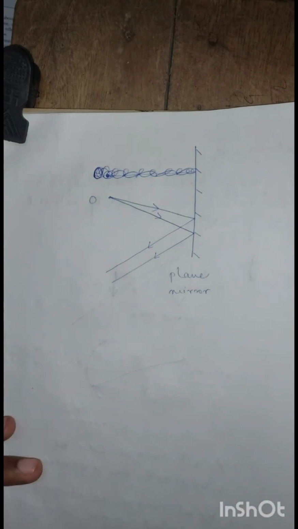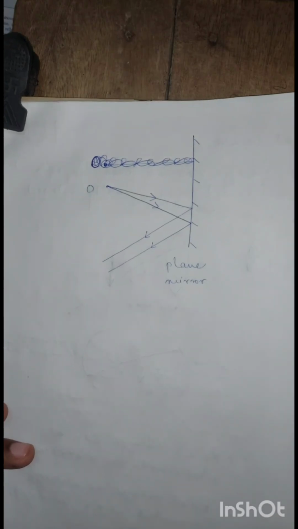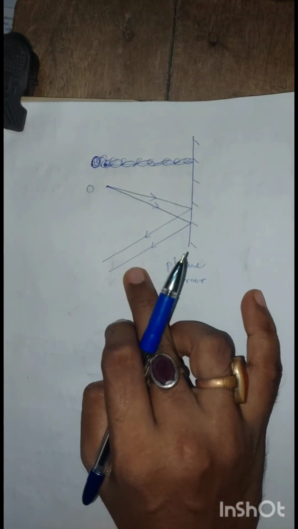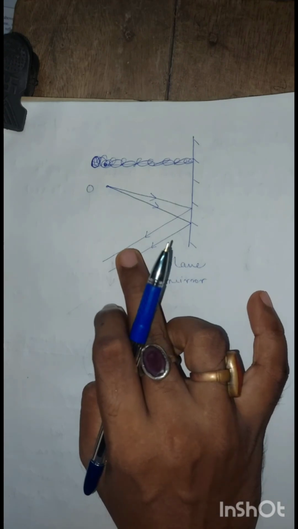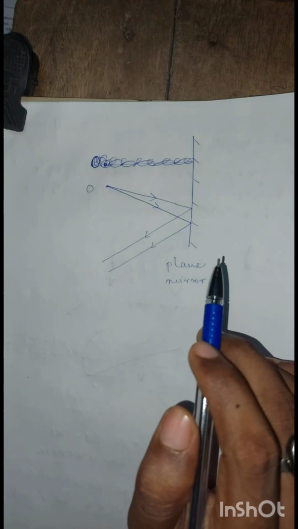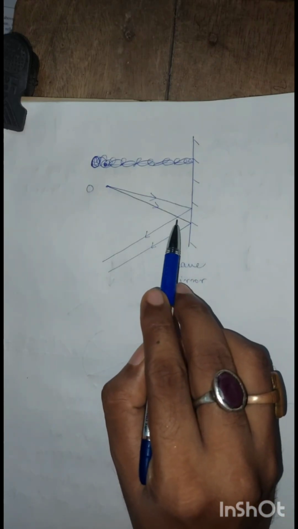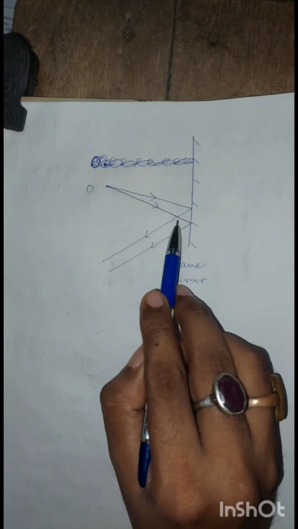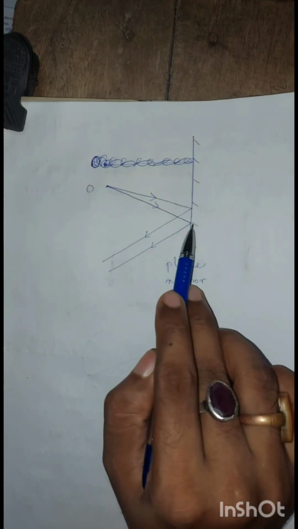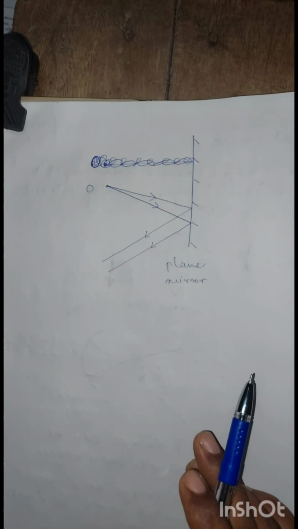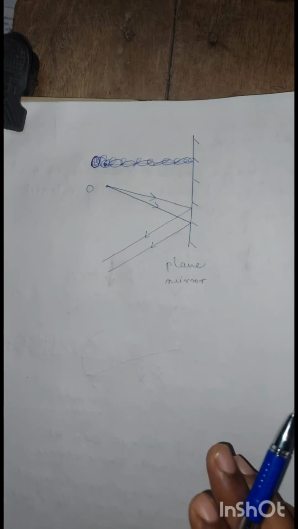Now, these two light rays did not intersect each other. Now you might say that this is a point of intersection. No, this is not a point of intersection. This is happening in 3D. This ray and the second ray are in different planes.